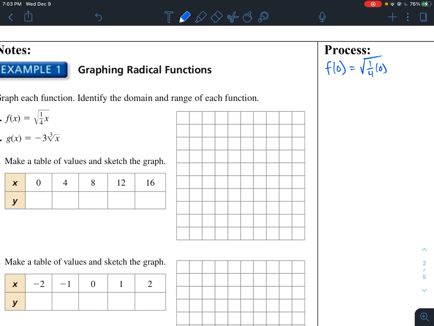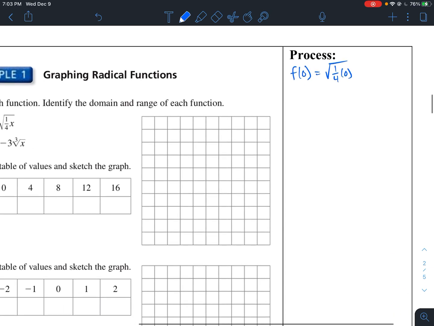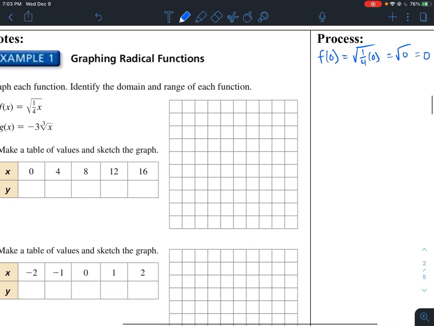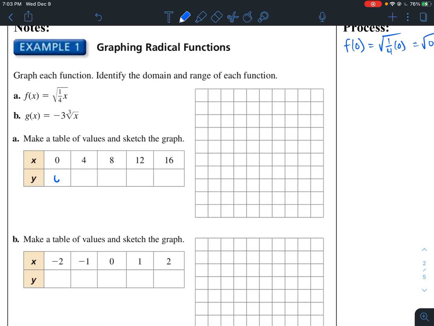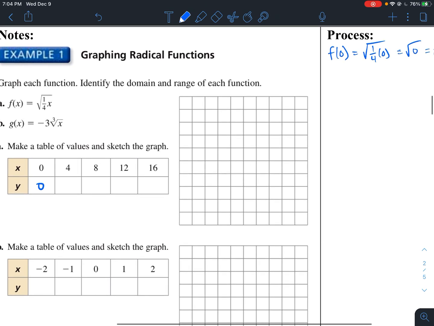As we do that, you should notice that we just get underneath the radical the square root of 0, which is just equal to 0. So when x is 0, y is also 0. Okay? Now let's try 4.